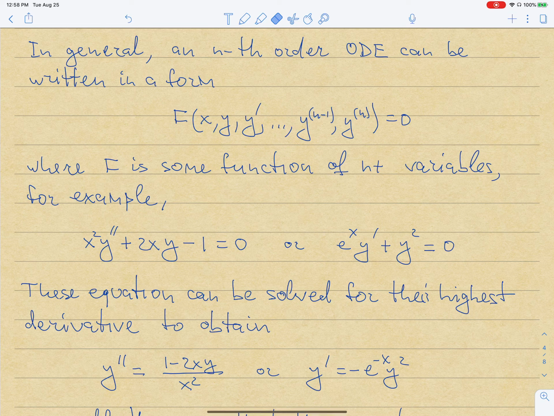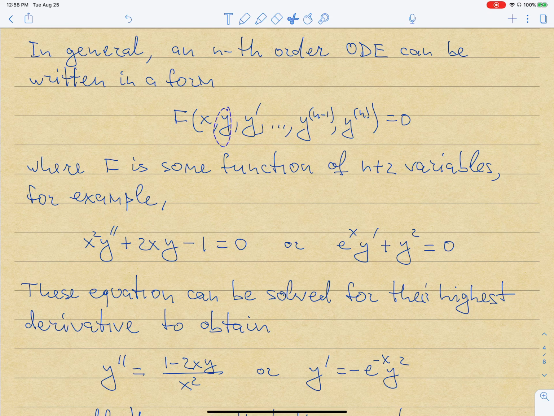So f is just some function of actually n plus 2 variables, right? Because we have x, y, and derivatives of y from 1 to n. So there are n derivatives plus 2 variables x and y. So this is some function of n plus 2 variables.